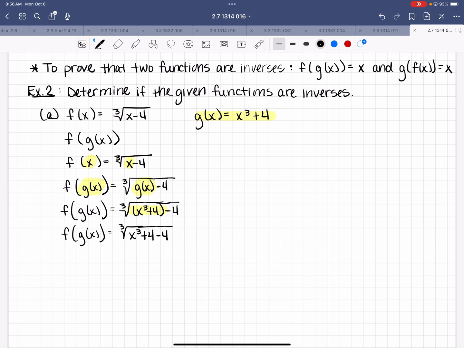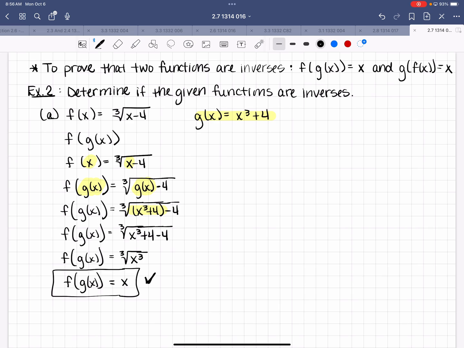Well, plus 4 minus 4 gives me 0, right? So f of g of x just equals the cube root of x cubed, which is going to give me x. So the first one checks out. F of g of x equals x. That's what we were looking for.